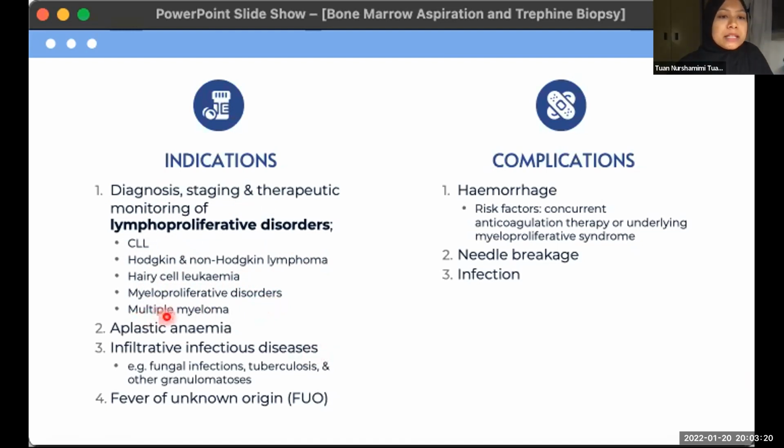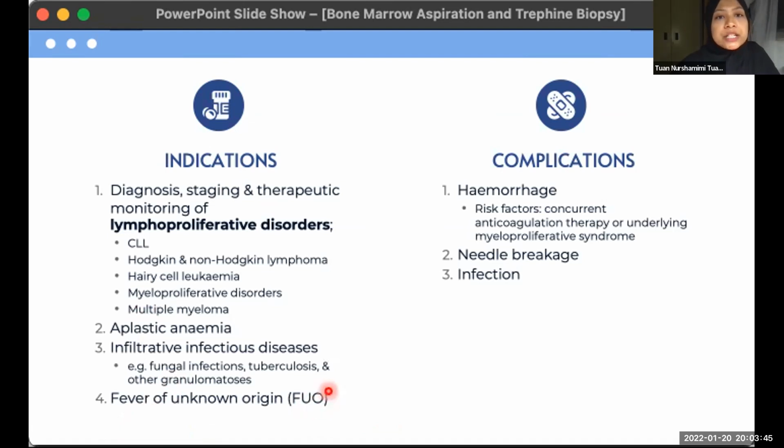Then we have multiple myeloma. We can also do BMA and bone marrow biopsy for aplastic anemia, infiltrative infectious diseases, where we can see the etiologic agent in the bone marrow itself. And we can also do it as part of an investigation for fever of unknown origin.